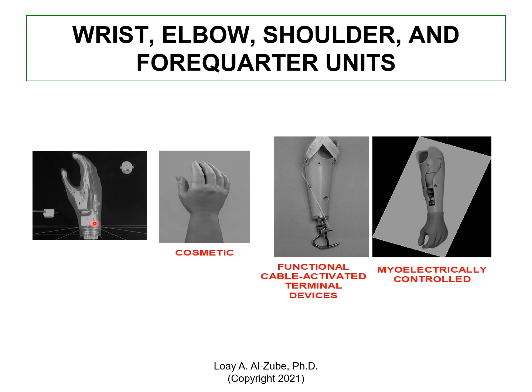This one has the mechanical components in it that can move it, gripping. This is a functional cable-activated terminal device, and that's myoelectric controlled, also under functional prosthesis. We would like to design this. That's what we would like to spend time learning more about. This is really useful, and we have the technology, so why not use it.